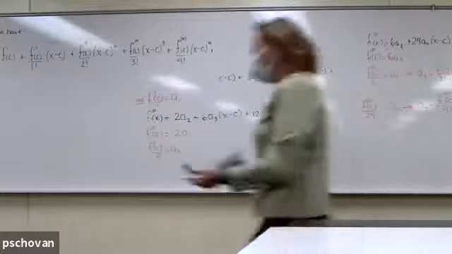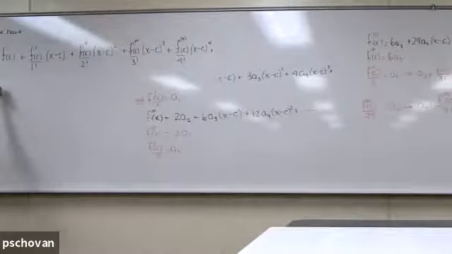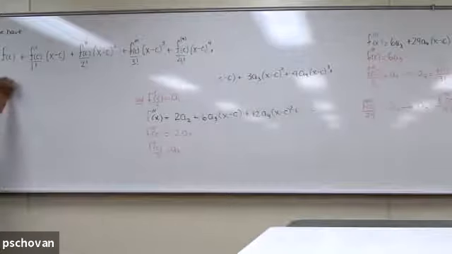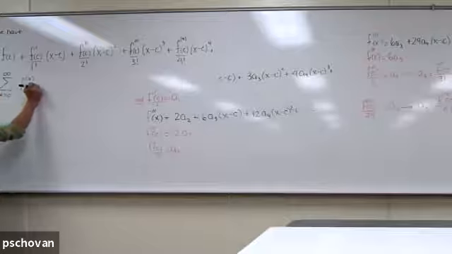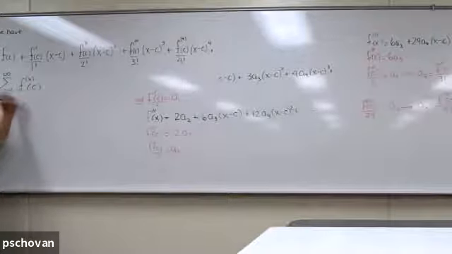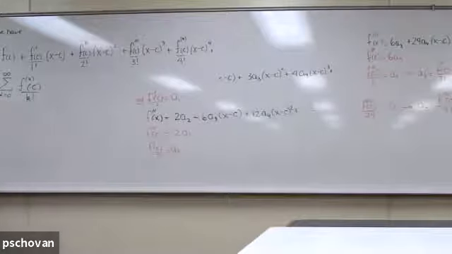We can write it out in summation form. Let's go from k is equal to 0 to infinity, where I have the kth derivative of f, so that the 0 derivative of f means f itself, evaluated at x is equal to c, divided by k factorial, and a reminder that 0 factorial is equal to 1.